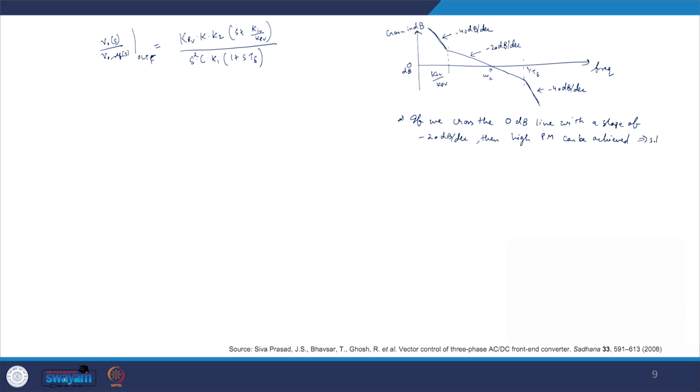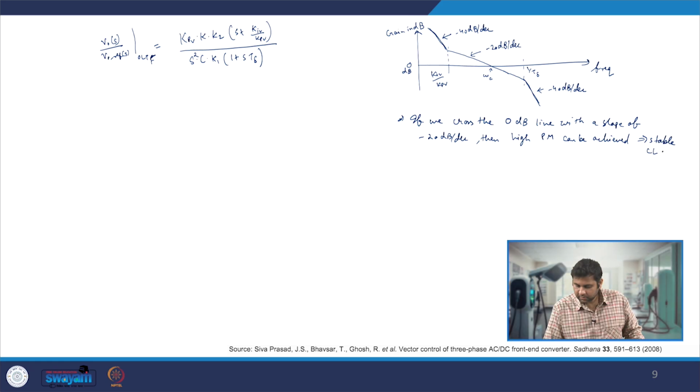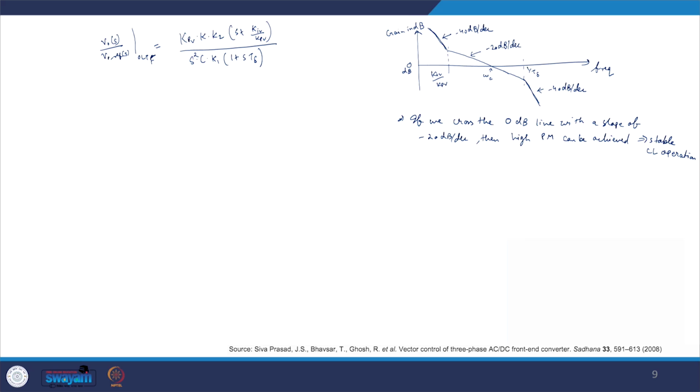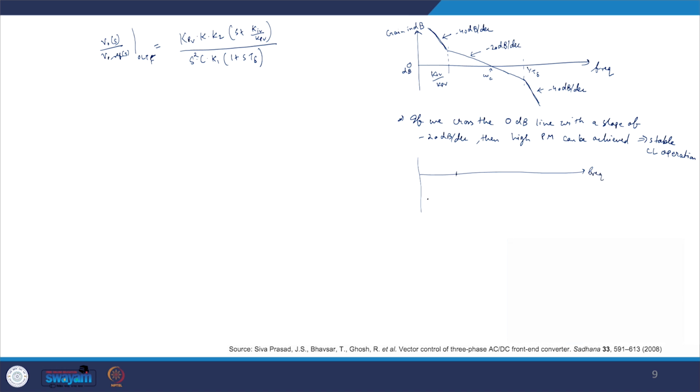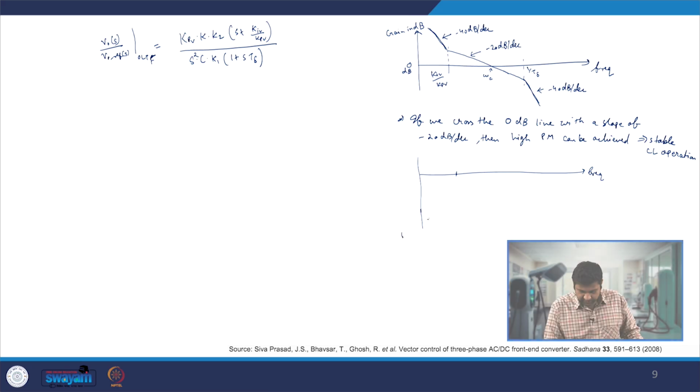That means we will get stable closed loop operation as compared to if we have minus 40 dB per decade or minus 60 dB per decade. It's primarily because if we plot the phase plot of this with frequency, at this point we actually start from minus 180 degree. So our phase plot will have, you know, this is KIV by KPV and this is 1 by T delta.